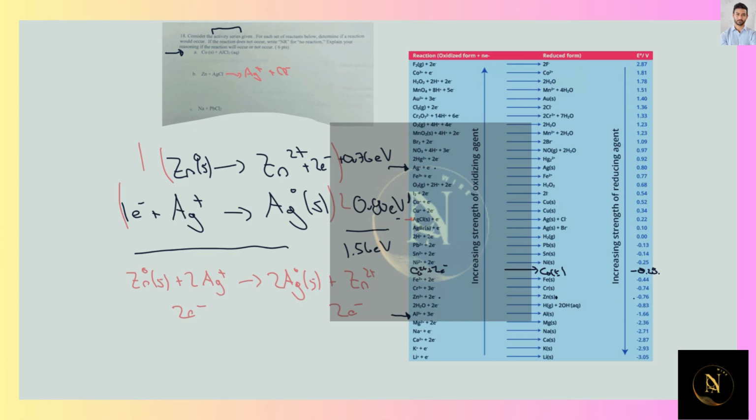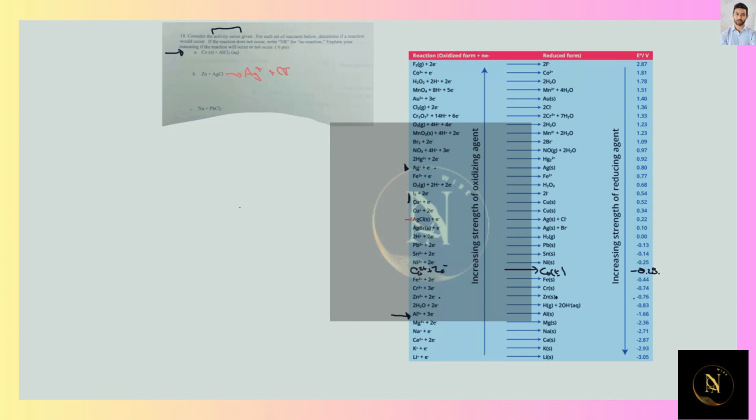And for the last one, for part C, what we will get is sodium 0 that should go into sodium plus 1 electron, and lead 2 plus that should go into lead 0 as a solid, and this requires 2 electrons for the reduction.